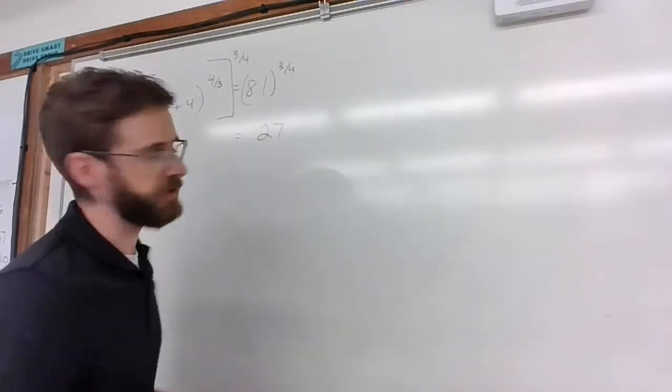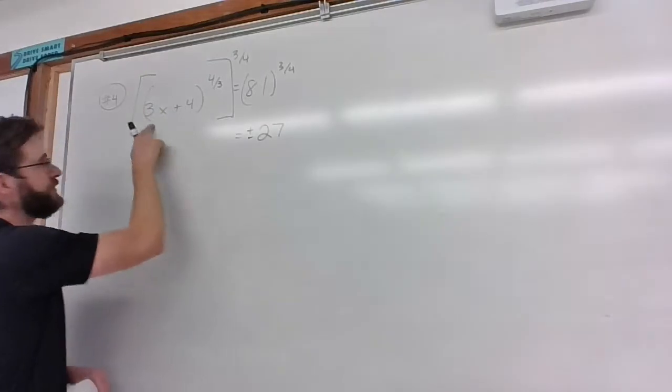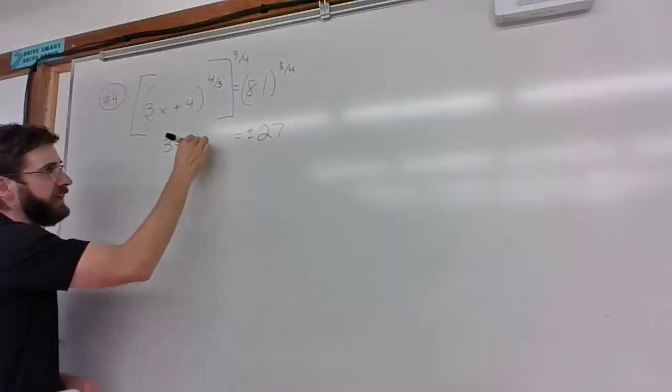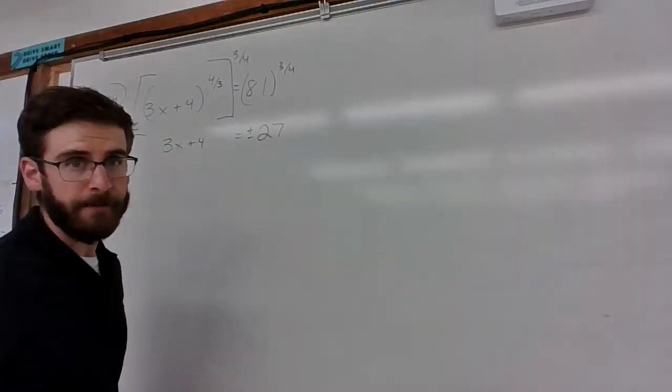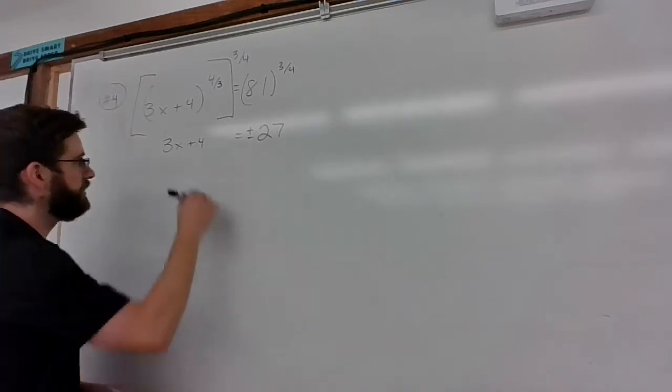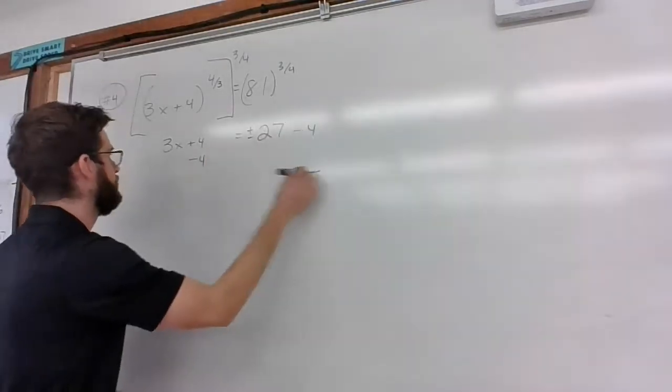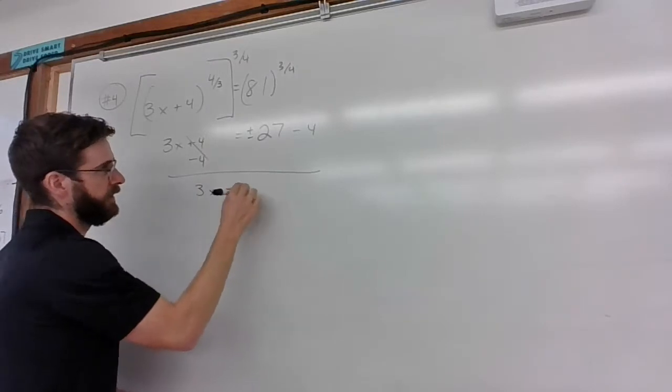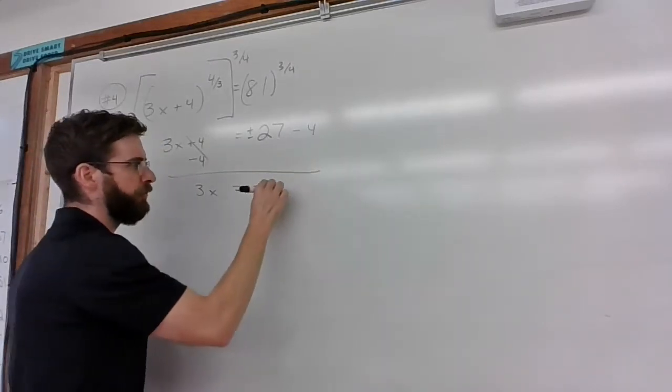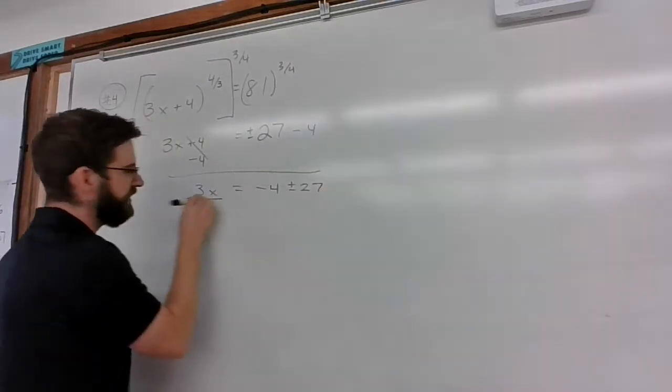It should be plus or minus 27. Even over odd gets a plus or minus, which leaves you with 3x plus 4 on the left-hand side and a plus or minus 27 on the right. Now you solve the equation, subtract 4. Actually, I'm going to rewrite it as -4 plus or minus 27, then divide by 3.